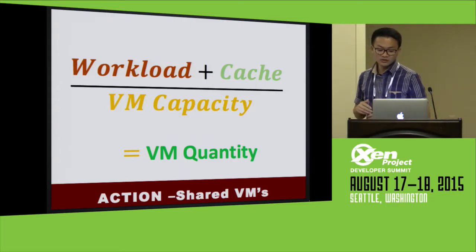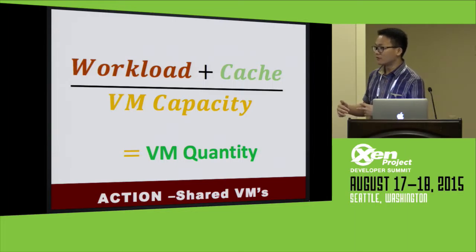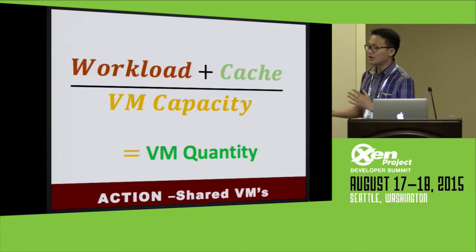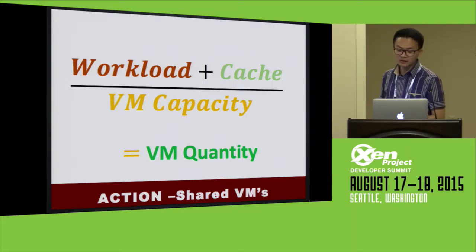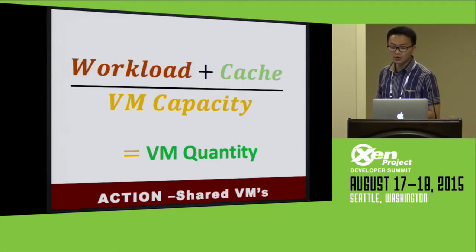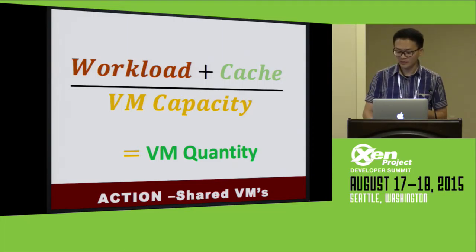I think with these two policies deployed in the WLB part, we can better save power and provide even better performance for the busy VMs. That is my proposal for saving power. And thank you.